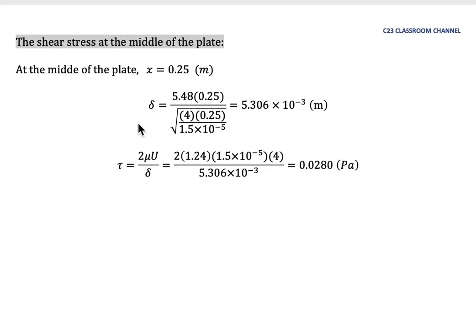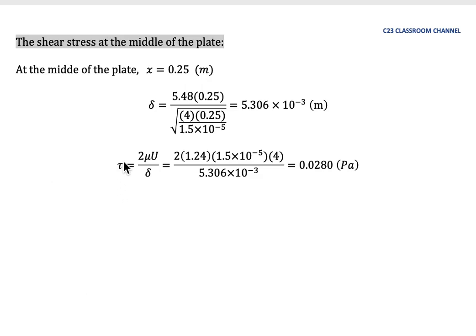Here we need to calculate the value of shear stress at the middle of the plate. As I said, the length is 0.5 meters, so middle of the plate means that x is now 0.25 meters. We know that the shear stress can be calculated by using the von Karman equation and Newton's law of viscosity.